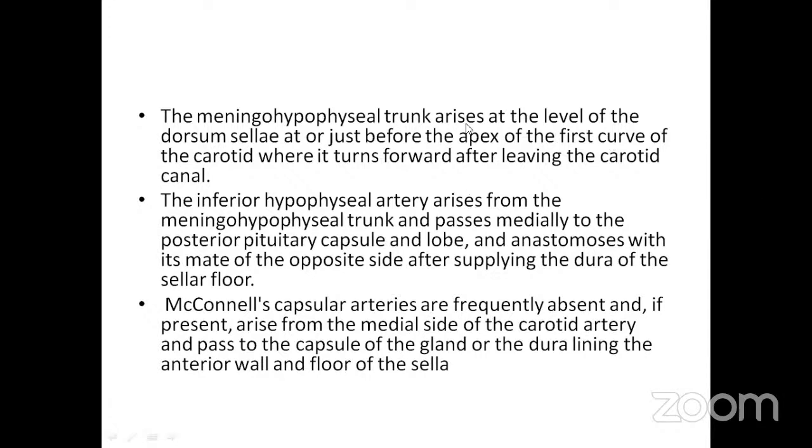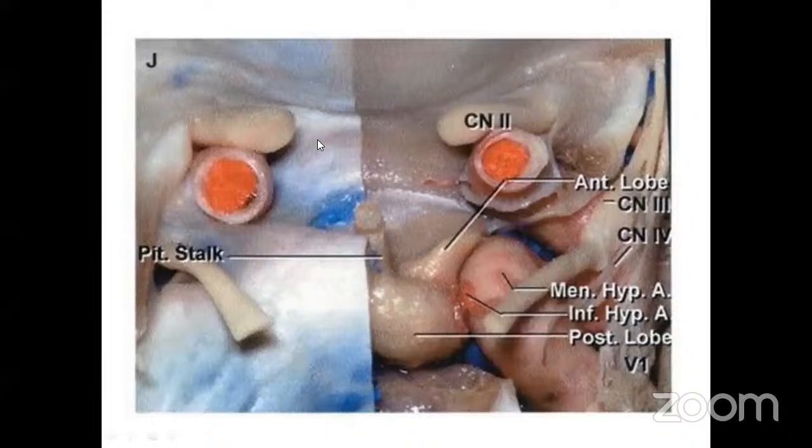Yes, sir. The meningohypophyseal trunk basically arises from the ICA at the level of the dorsum sellae. As we can see here, at the level of the dorsum sellae the meningohypophyseal trunk arises, and it supplies the anterior pituitary. The inferior hypophyseal artery arises from the same cavernous segment of the ICA, but a little bit inferiorly.